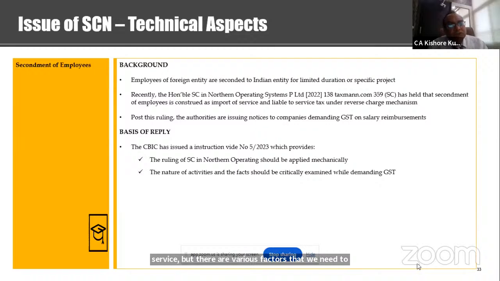And since a lot of notices were being issued, representations were filed before the government, and CBIC had to come out with an instruction, number 5 of 2023, which clearly provides that it should not be applied mechanically. The department needs to look at the activities and facts critically before demanding any GST. It cannot be blindly applied, friends.